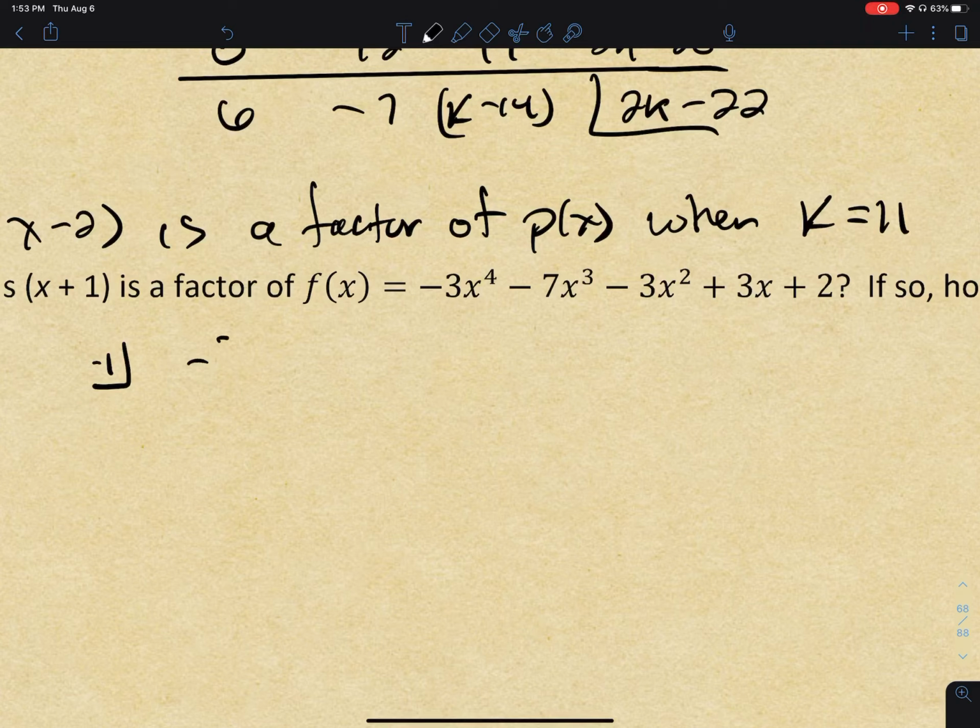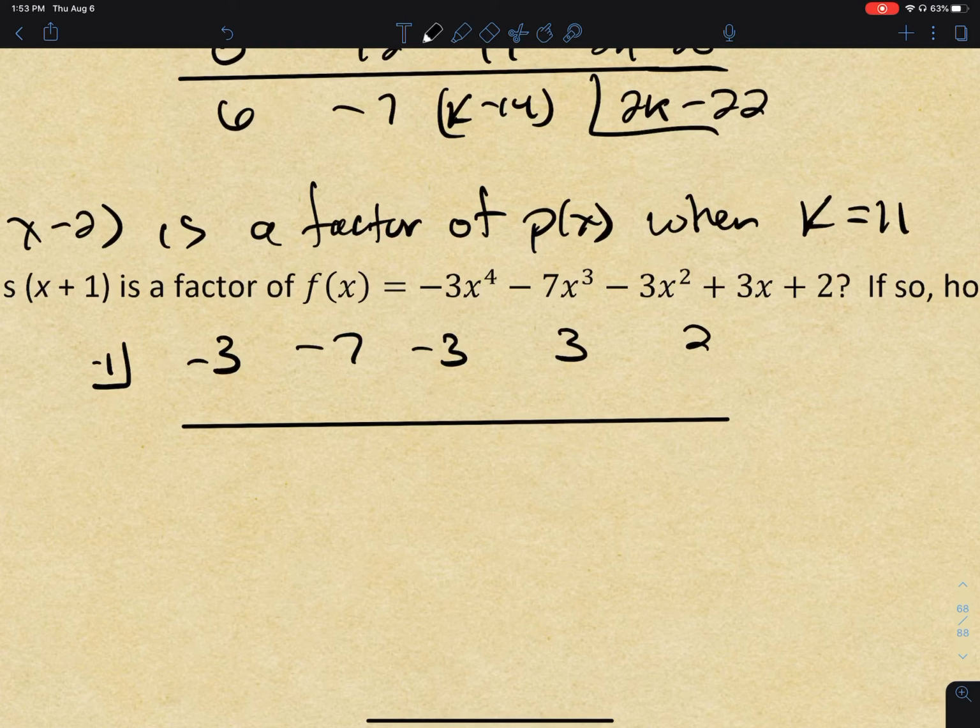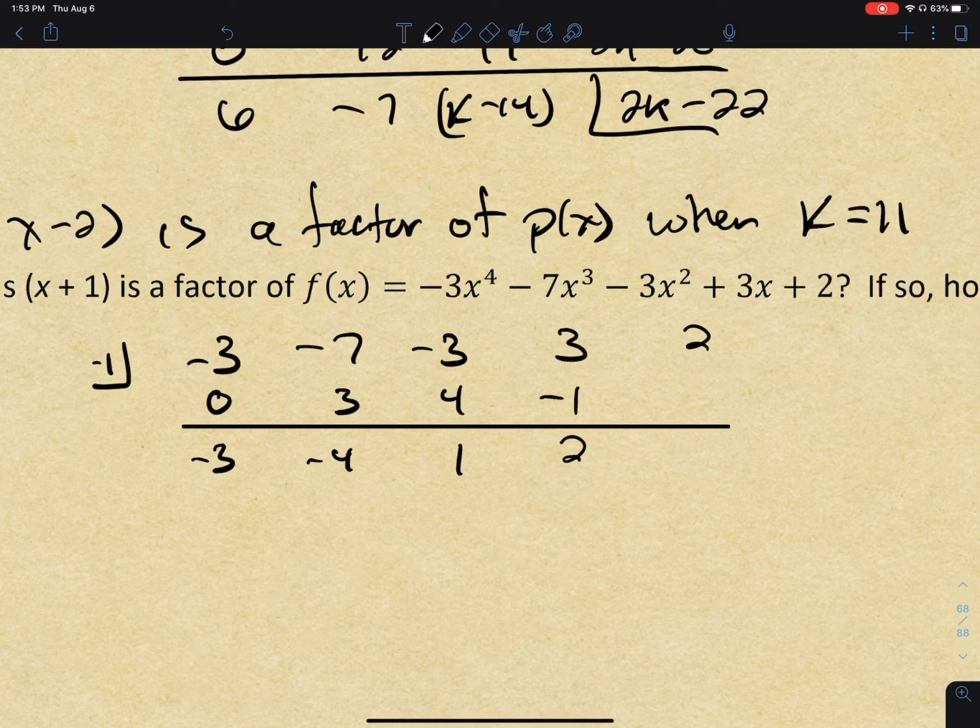So our coefficients are negative 3, negative 7, negative 3, 3, and 2. So we add and we multiply, and we add and we multiply, and we add and we multiply, and we add and we multiply. We get a remainder of 0.